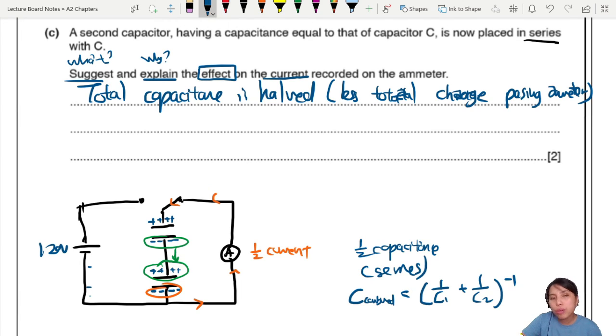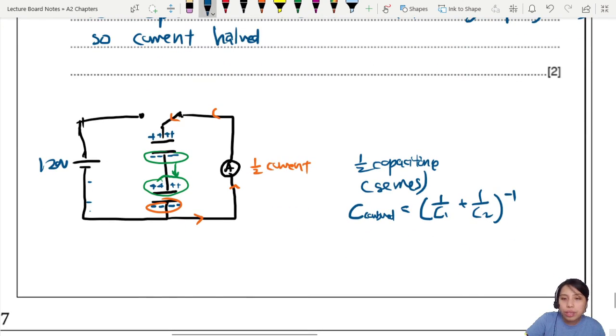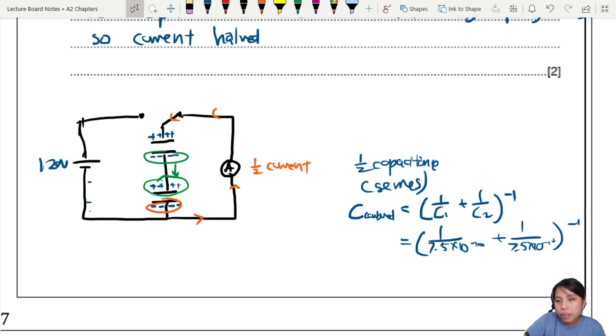So there's less amount of total charge passing the ammeter, then you can say that the current will be halved. Don't just say decrease. If you can say half, you calculate and you say half. So if I do this calculation, 1 over 7.5 times 10 negative 10, plus 1 over 7.5 times 10 negative 10, I will get half, which is 3.75 times 10 negative 10 farad.